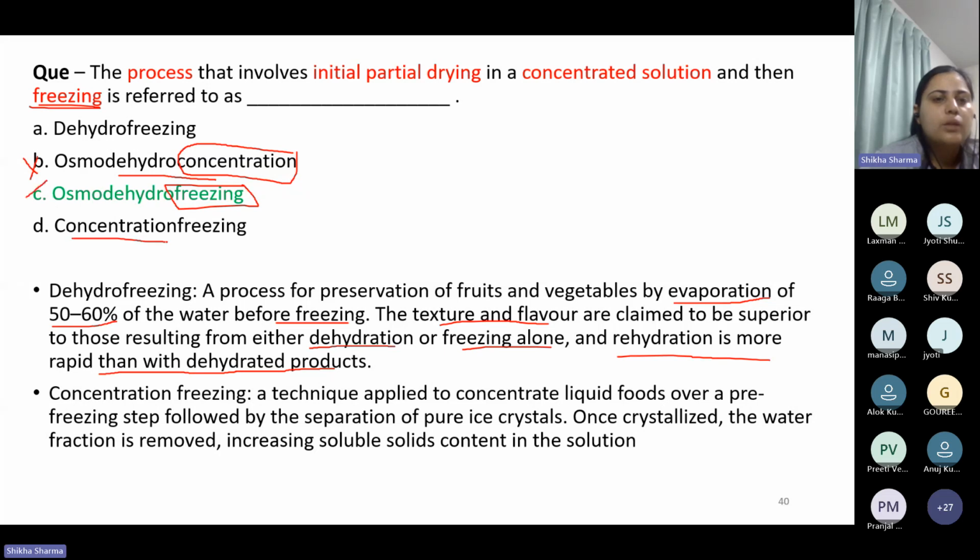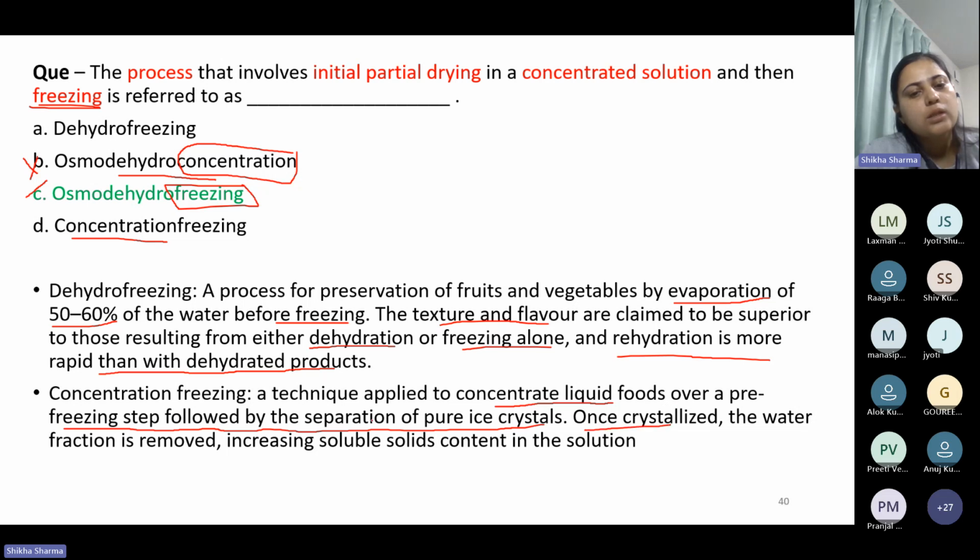Then there is concentration freezing. Concentration freezing is the technique where concentrated liquid foods go through a pre-freezing step. After that, there is a separation of the pure ice crystals.